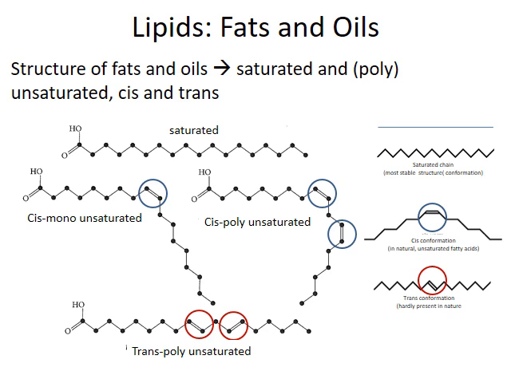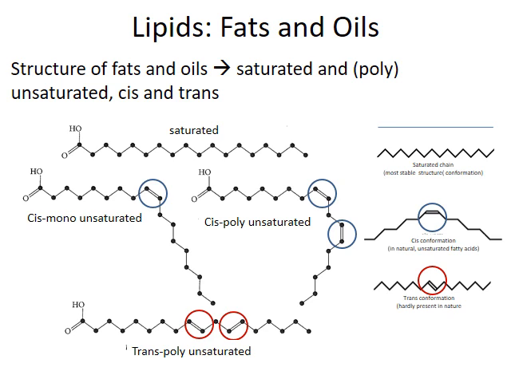Now, when a cis unsaturated bond is present, you see that the chain makes a bend or a curve. And at every cis unsaturated bond, there is a curve present. Again, look at the blue circles and you see cis unsaturated bonds and you see that the chain makes a curve.